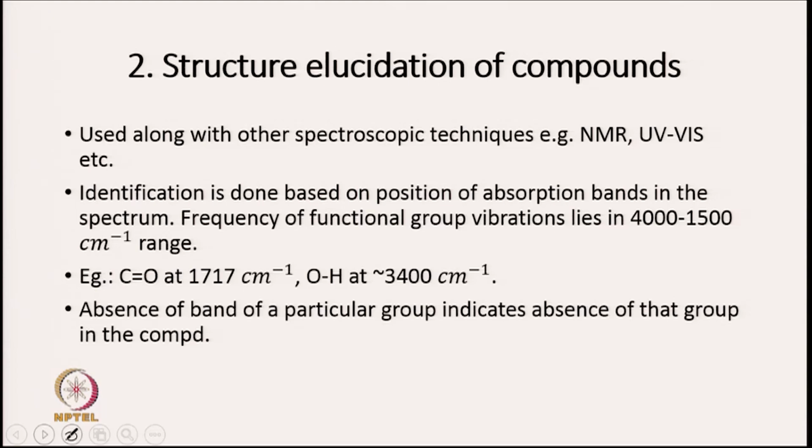For example, the carbonyl band absorbs around 1717 centimeter inverse, whereas you can find a band around 3400 centimeter inverse if the molecule has an OH group. And absence of a band of a particular group indicates absence of that functional group in the compound. So, for functional group prediction, IR is one of the most suitable and easiest methods.